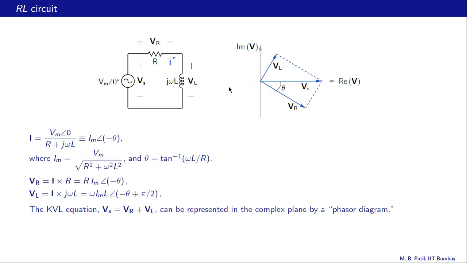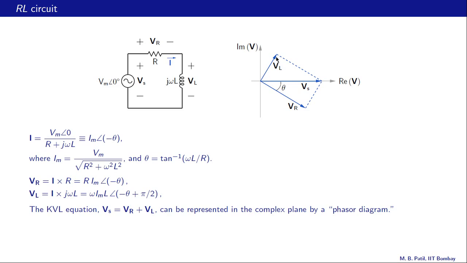So this is our phasor diagram. This vector is Vs, and Vs has angle 0, therefore it is along the x-axis, that is the real part of V. Alright, this is our Vr, and Vr has angle minus theta, that means theta in the clockwise direction, and this is our VL.